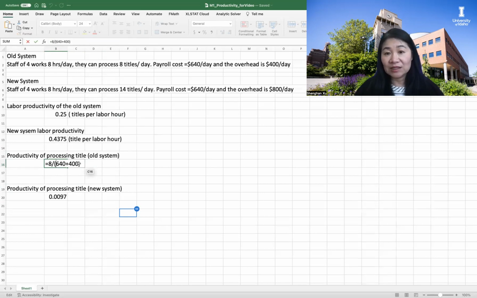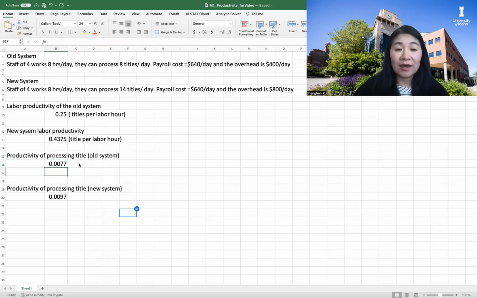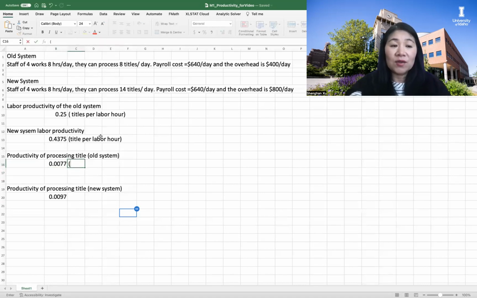That's my input, right? This is of course the direct cost and the indirect cost, the labor cost and then the overhead. So in the older system, my productivity is 0.0077, which is titles per dollar.